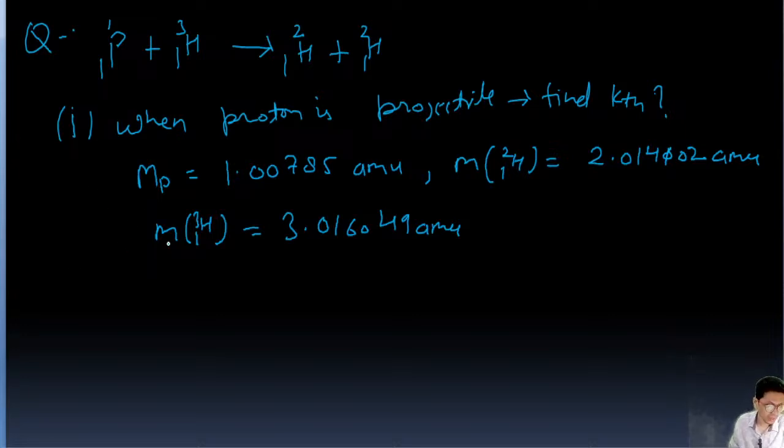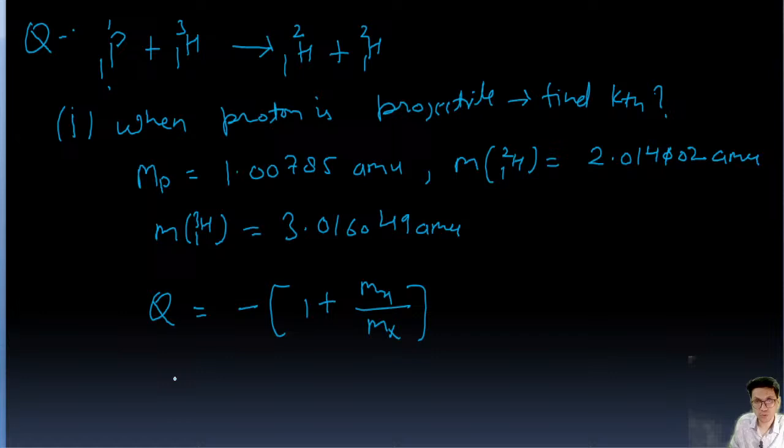Now we have to find the Q value. The KTH is minus Q times (1 plus mx upon capital Mx). Here the projectile is the proton, so KTH equals minus Q into (1 plus mass of proton upon mass of 1H3).